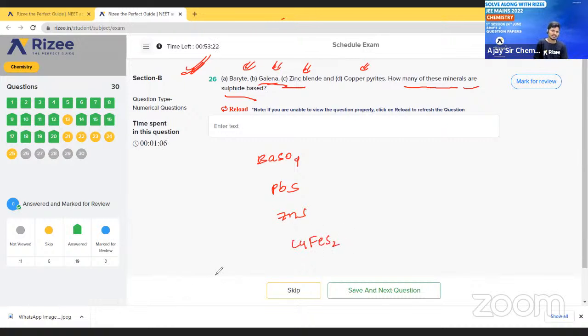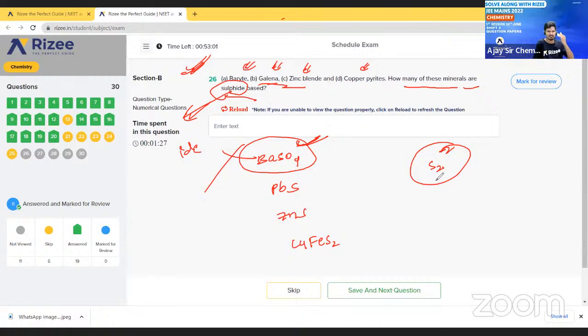See here, this is barium sulfate. Here they are asking for sulfide. This is sulfate, so we can eliminate BaSO4. Sulfide means sulfur having a -2 charge.